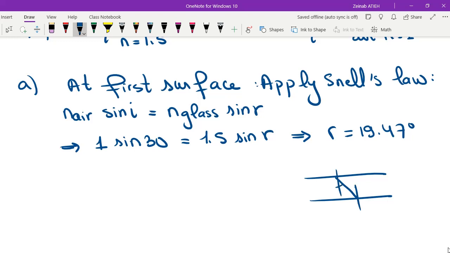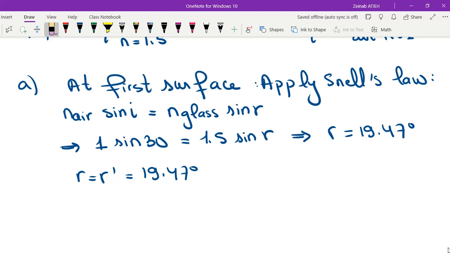So this one is equal to this one. They are alternating because this line is parallel to this line, and they are perpendicular to parallel lines. So R equals R prime, equal to 19.47 degrees.